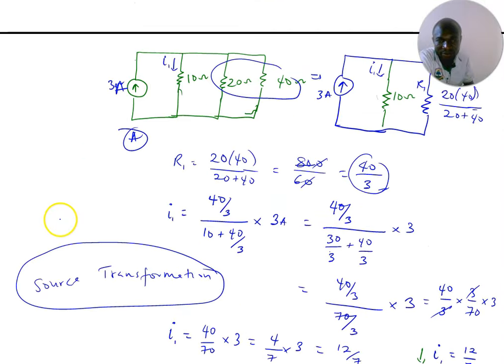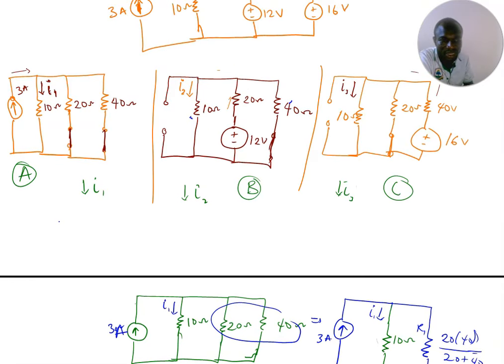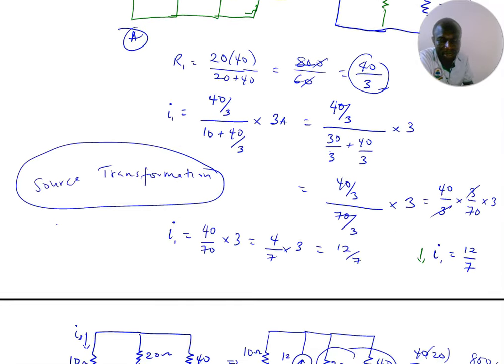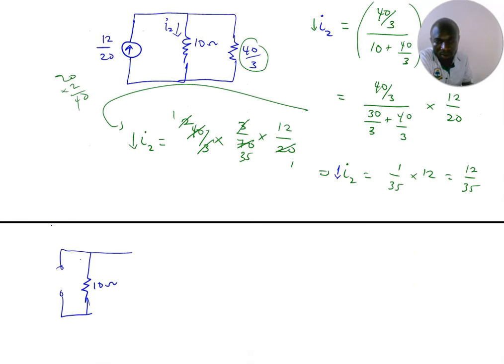So we also have the 20 and 40. By this time, the 12 volt was taken off. So we have 20 ohms here, and this time we are taking it off by introducing a short circuit.